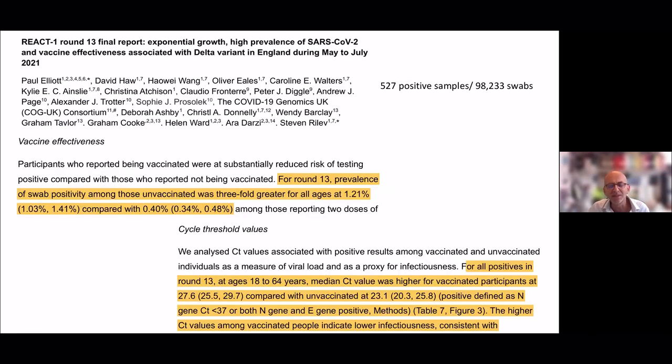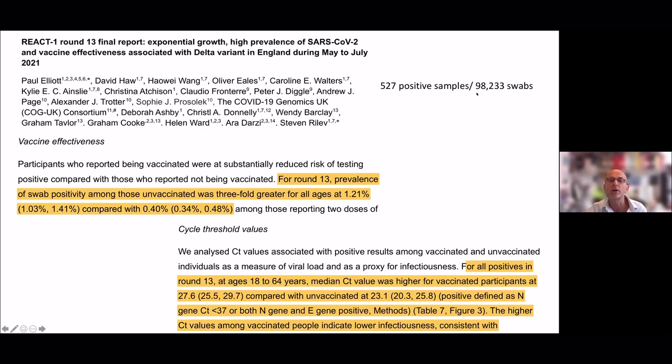On an optimistic note, I wanted to quote also this article, which was published yesterday. This is an epidemiologic survey which is regularly performed in the United Kingdom, and this was done during May to last July, and about 500 individuals were positive out of 100,000 tested swabs.